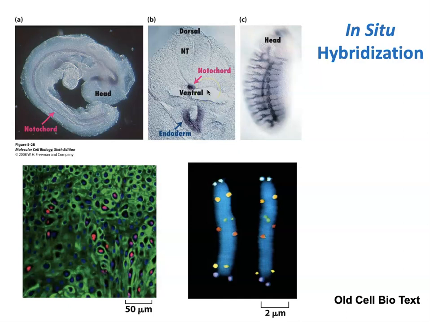And then you can see where the actual color deposit is left behind, and that is where that mRNA is being expressed. So it's a pretty powerful tool because you can literally see where a gene is expressing. And so here, this is a cross section of the embryo, and you can see that there's already some activation of a specific gene in different regions of the embryo.